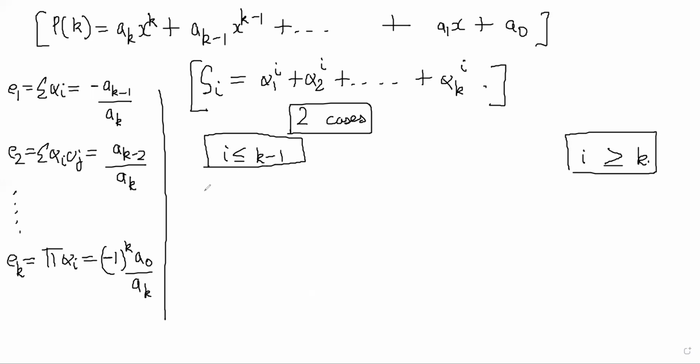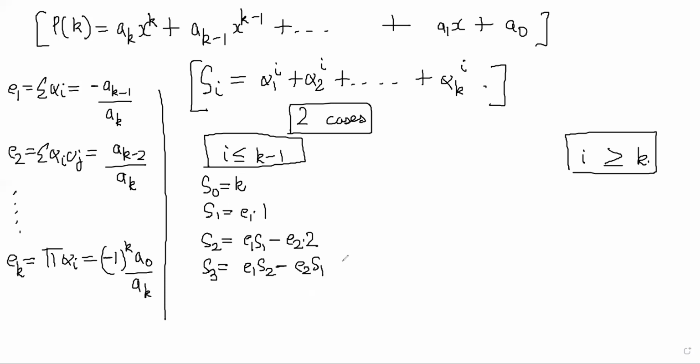For i less than or equal to k minus 1, you should start from the beginning. S0 will be k, S1 will be E1 into 1, S2 will be E1 S1 minus E2 into 2, S3 will be equal to E1 S2 minus E2 S1 plus E3 into 3, and so on.